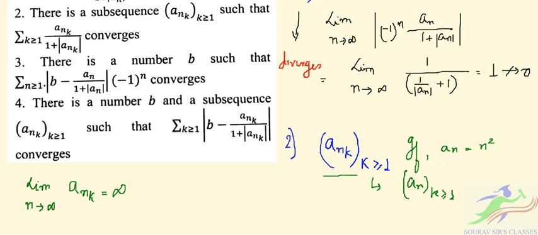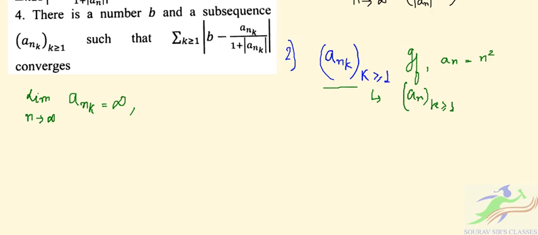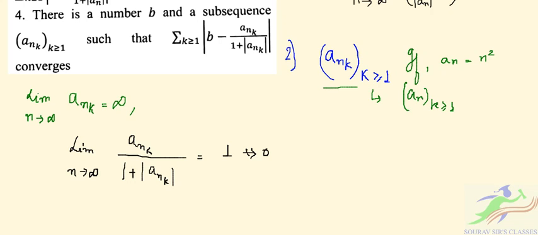Then what will the limit be? The limit as n tends to infinity of a_(n_k) divided by 1 plus |a_(n_k)| is equal to 1, which does not tend to 0.